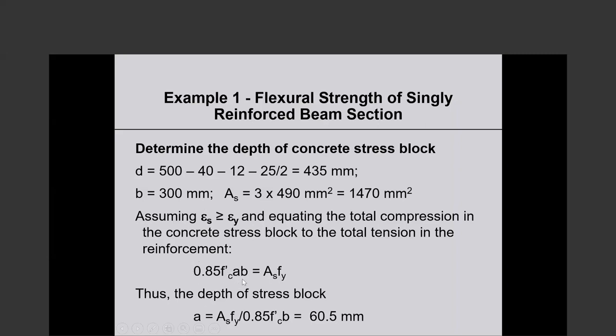This is the concrete compression force. This is the tension steel force. There is nothing else. There is no compression reinforcement or anything like that. So we are just saying compression force is equal to tension force. That will give us the stress block depth as equal to that, and that comes out to 60.5 millimeters stress block depth.